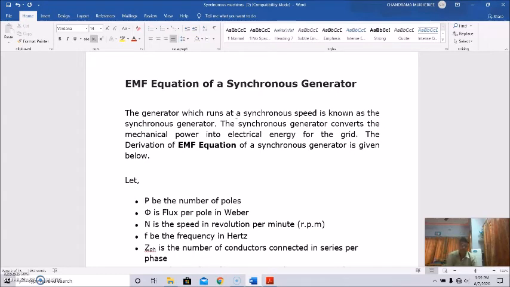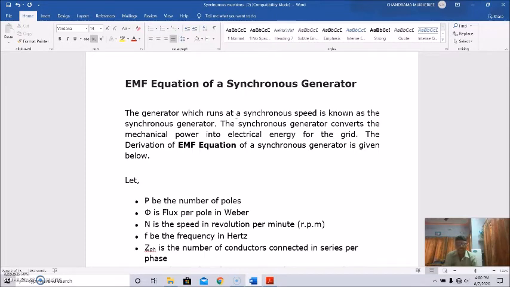And now to get the induced EMF equation in the armature winding, that is the stator winding, we will develop this equation in this fashion: we take the number of poles as P, the flux per pole as phi in Weber, and the speed of revolution, that is the rotor speed, as n rpm.